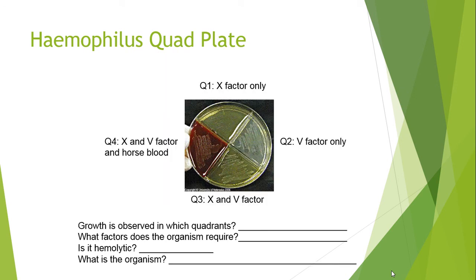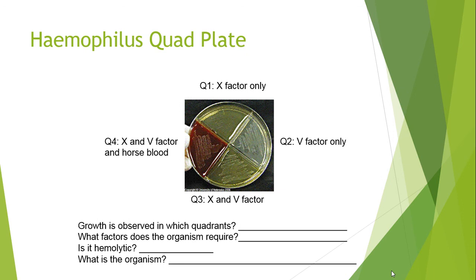What about this one? What quadrants do we have growth in? This is 1, this is 2, this is 3, this is 4. 2, 3, and 4. So what factors does this organism require? We've got 2 different answers, X and V, and V. Just V. How come?